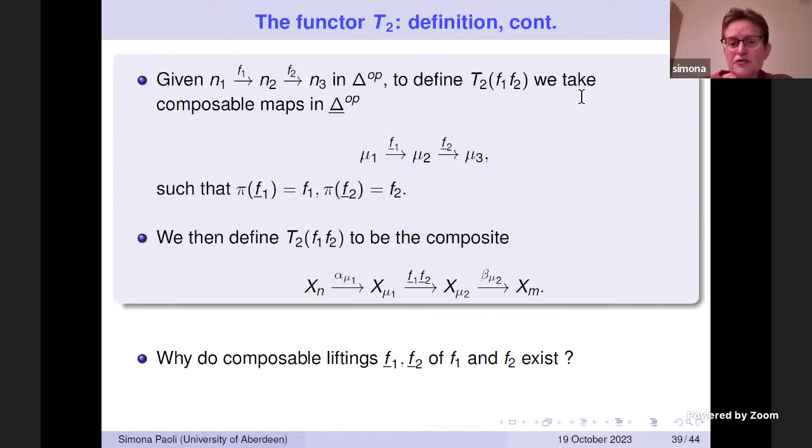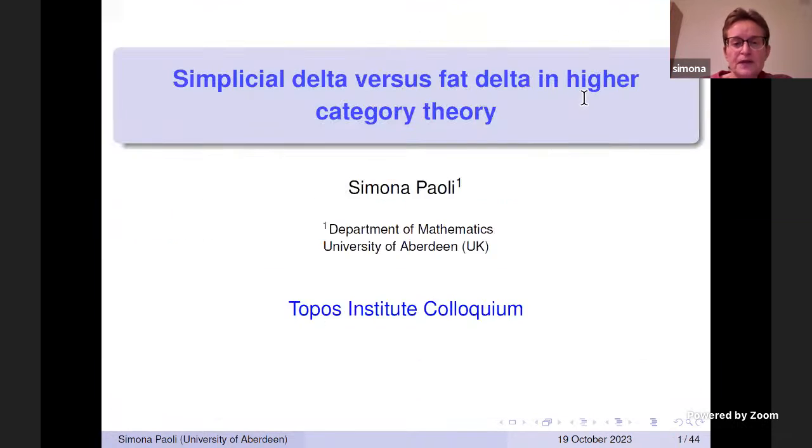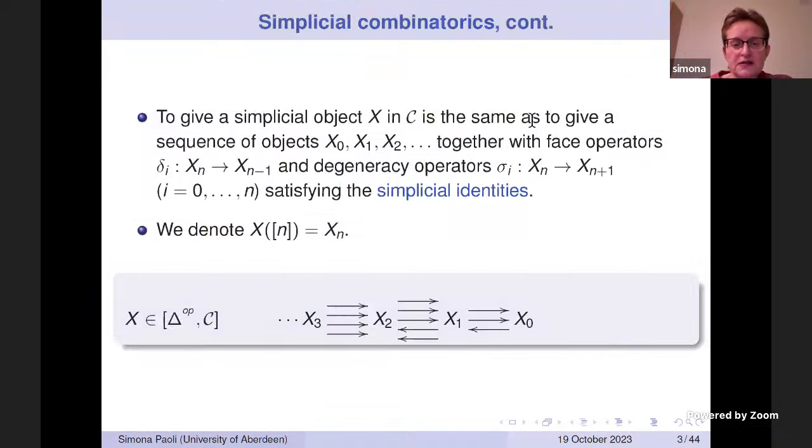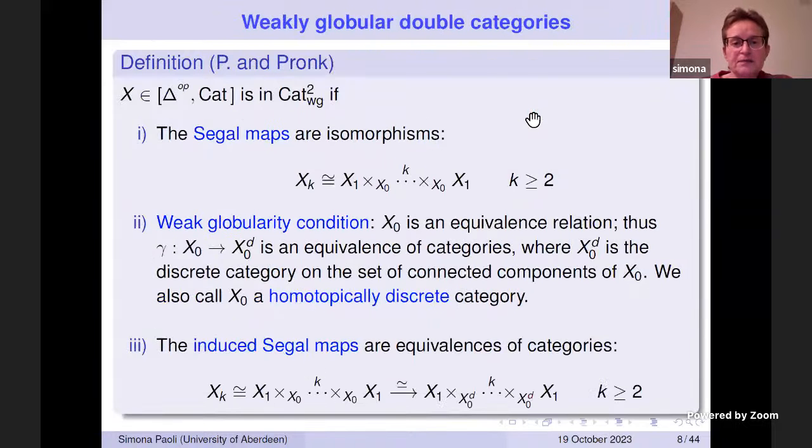There was a precursor to my work with Pronk. Well, there were really two precursors, but let's talk about the one immediately before that, which is something I did with an algebraic topologist, David Blanc.